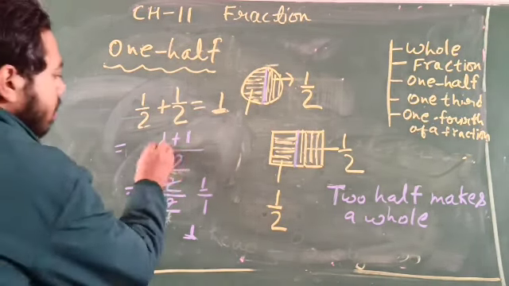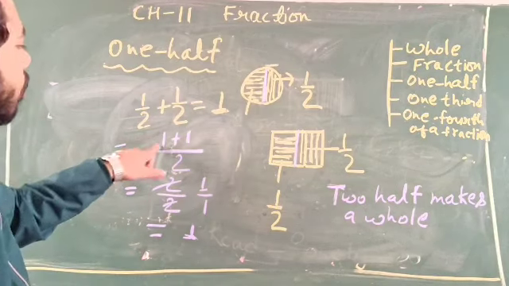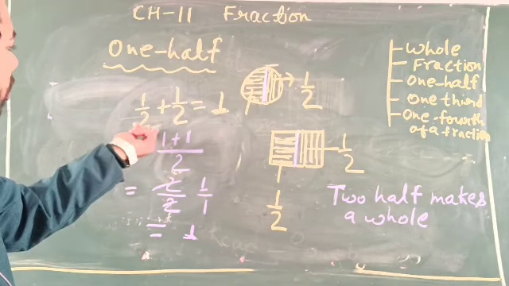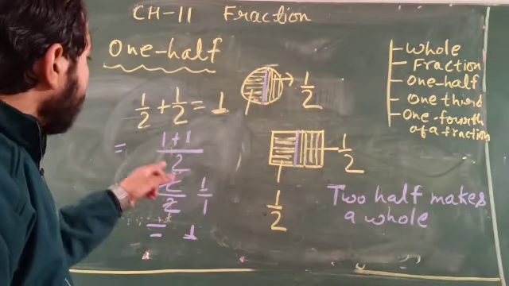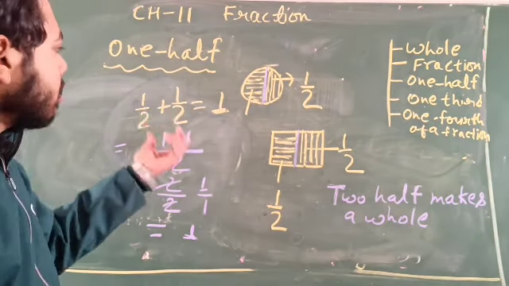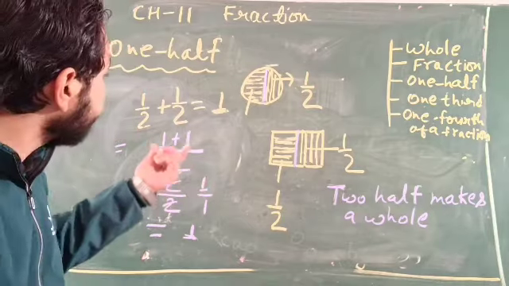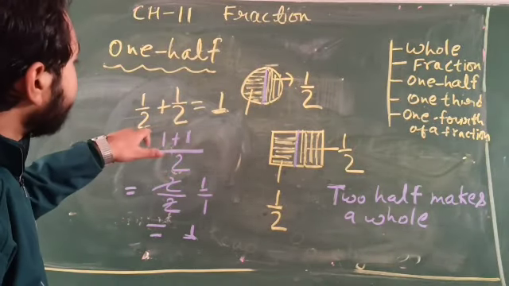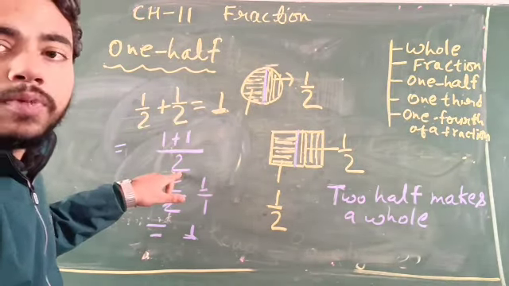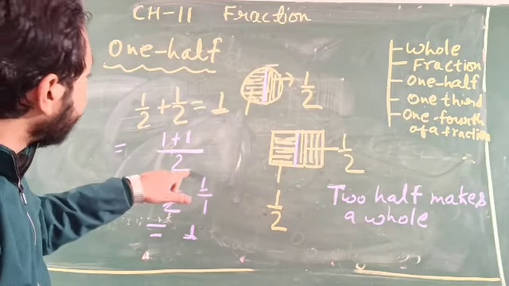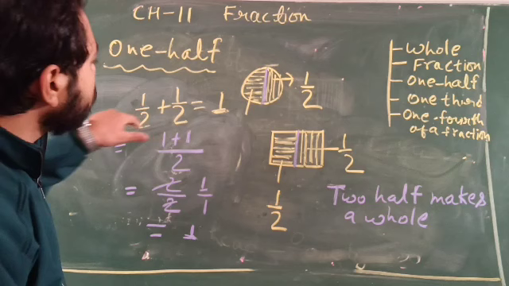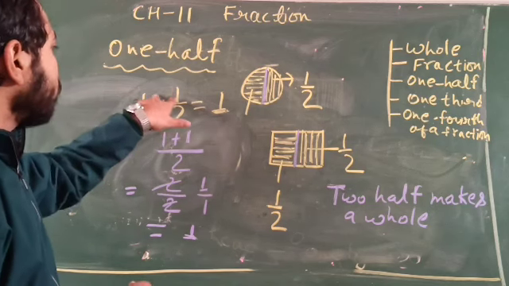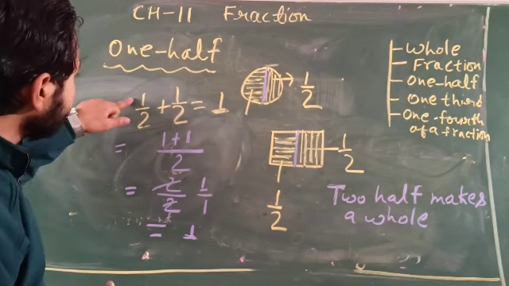So here we add 1 by 2 and 1 by 2. It is easy to add when the denominators are the same. We just write the denominator one time and we add the numerators of the given two fractions.